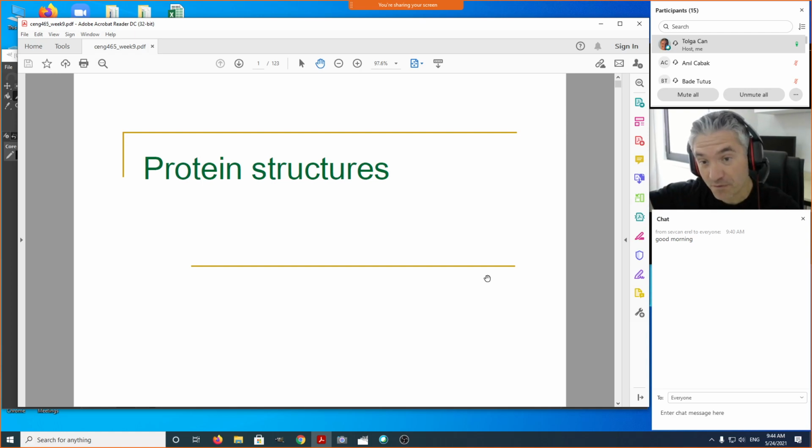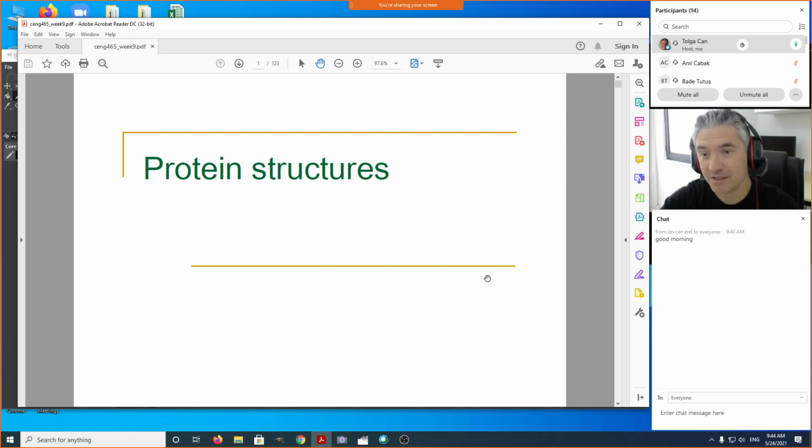As we go down, the fourth level is the combination of those, the formation of the functioning protein structure, but possibly with multiple protein chains. There are also single chain protein structures, which means that the fourth level and third level are basically the same thing.